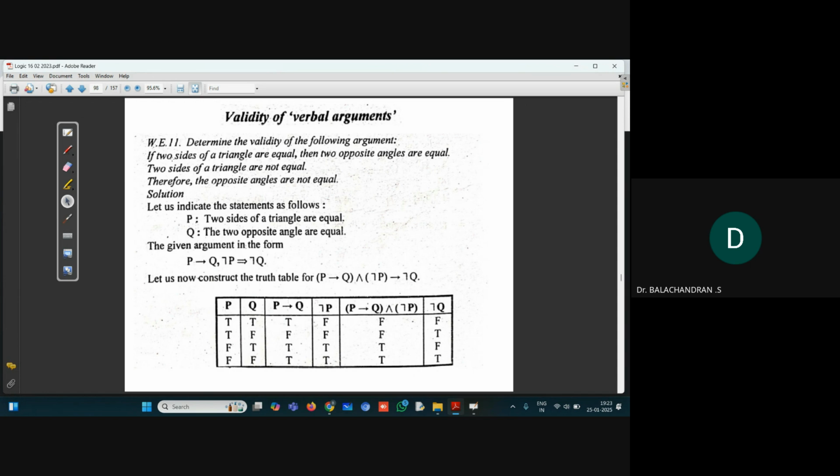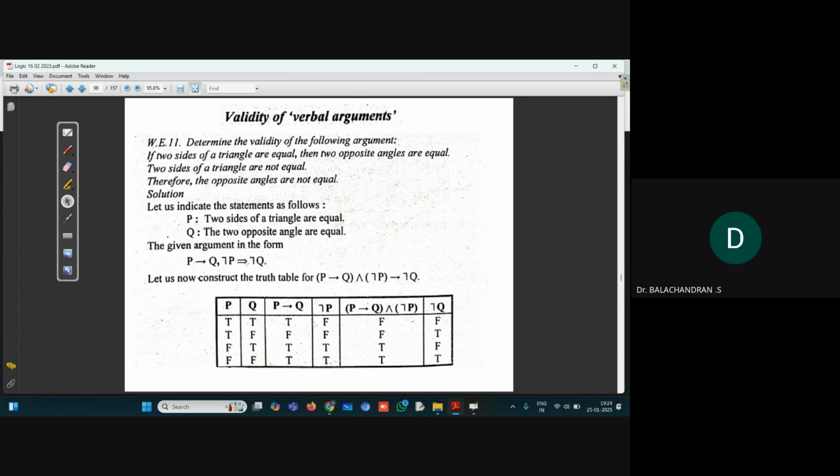The first sentence is P implies Q. The second premise, two sides of a triangle are not equal, means negation of P. Therefore, the opposite angles are not equal means negation Q.